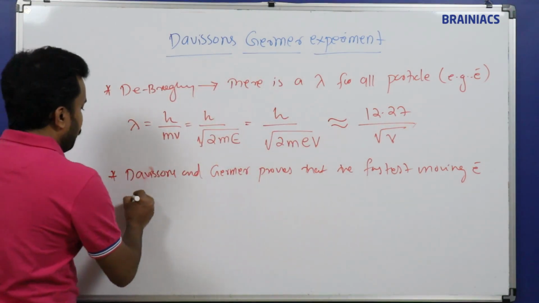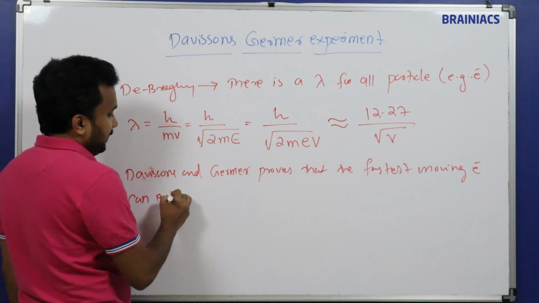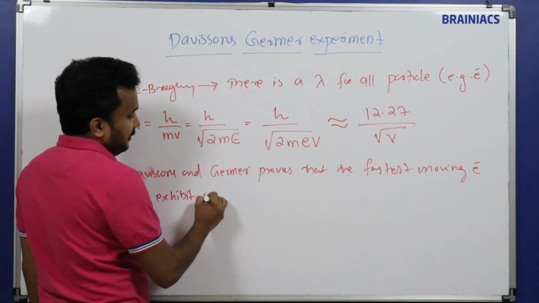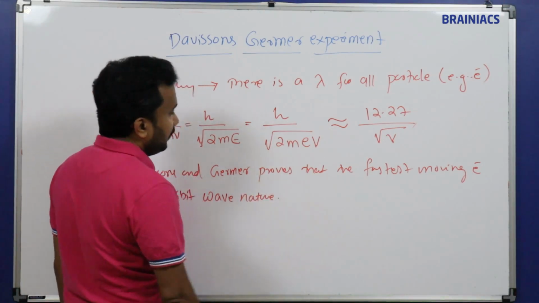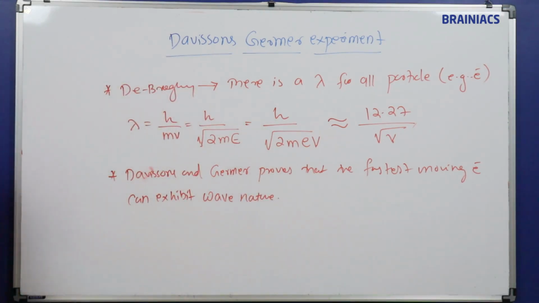Fastest here is just specifying that it is fast, and there is no need to specify, we already know it. Of course, the electron is moving in a fast way.